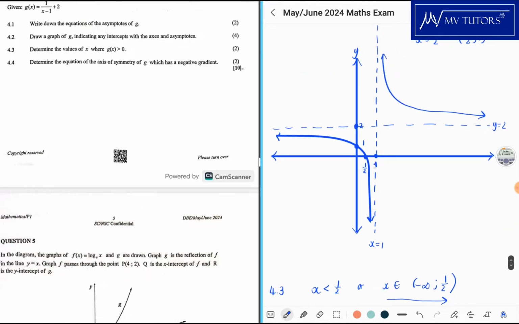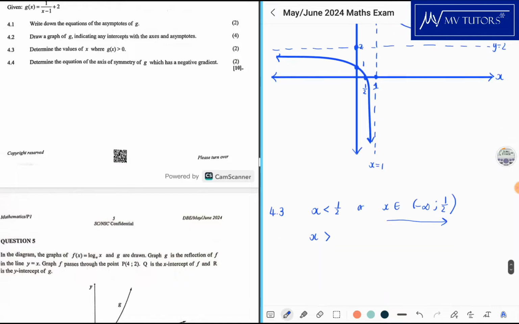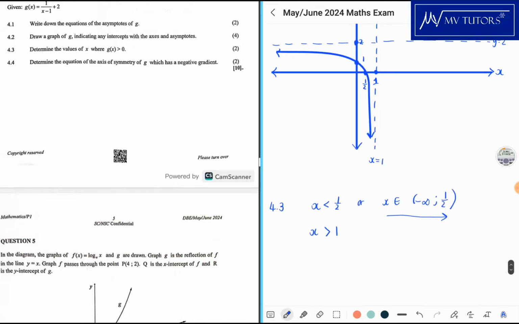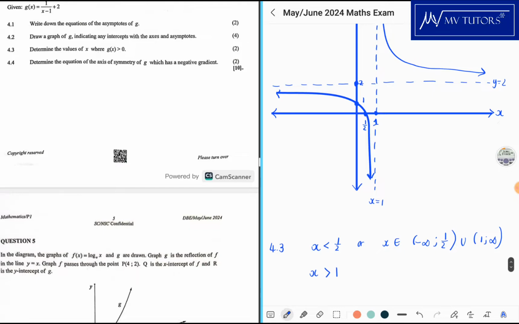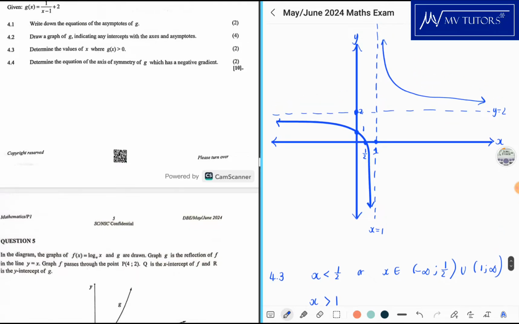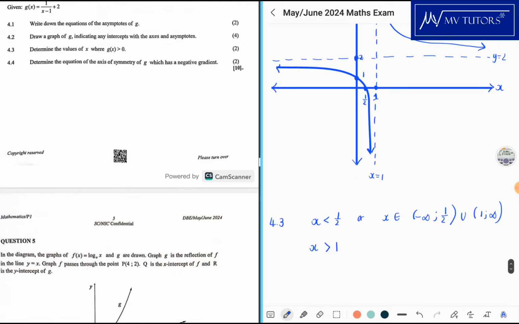Remember we have 1 over here. So where x is bigger than 1, that is where you'll also have solutions. Or you could have said we're joining now where x is bigger than 1. So from 1 all the way to positive infinity. And it doesn't touch 1. Please don't put a square bracket around 1. It has to be a round bracket. And that will be your 2 marks.